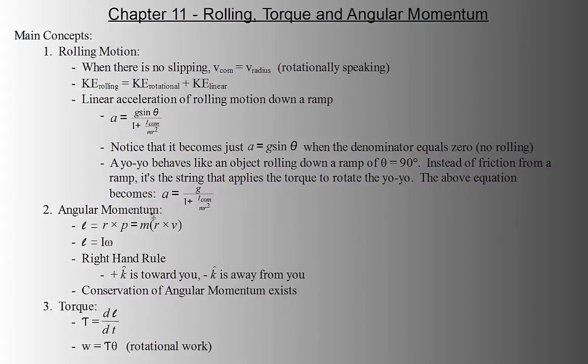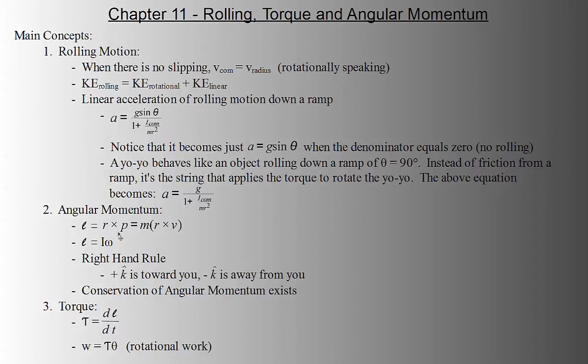Then we move on to angular momentum, which is just like linear momentum. Linear momentum was mass times velocity. In this case, angular momentum is rotational mass times rotational velocity, or moment of inertia times angular velocity. But we can also express it as a cross product of r cross the linear momentum.